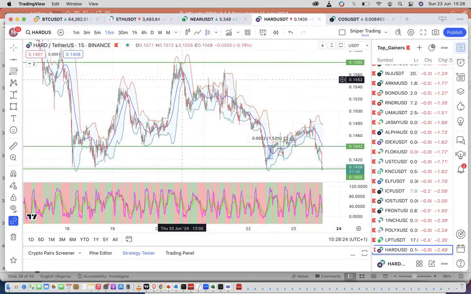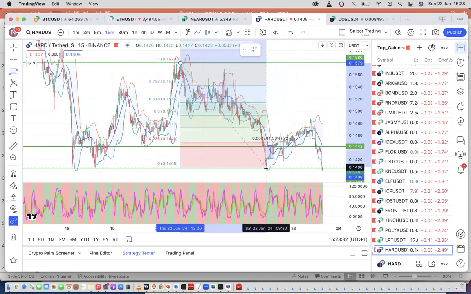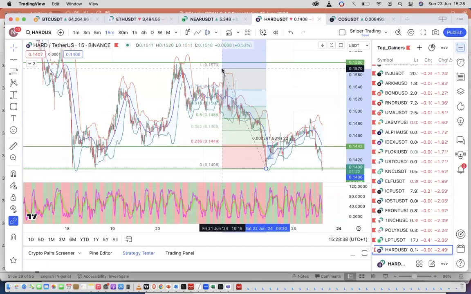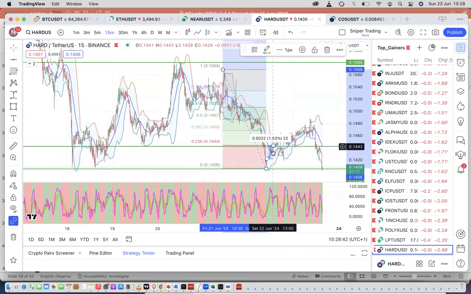All right. To calculate the percentage, all you have to do is take your Fibonacci retracement, look at the highest top that's close by, and look for the lowest low. You can even decide to draw it from here, just to make it narrower, for a quicker take profit. All right. So imagine you enter this trade here.